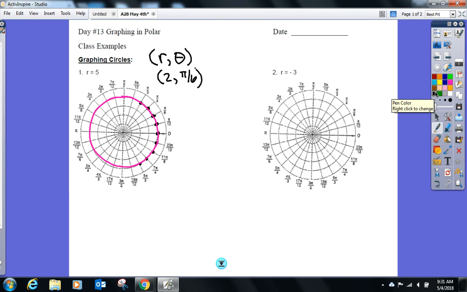If you just have an r value, no theta, every theta is 5.